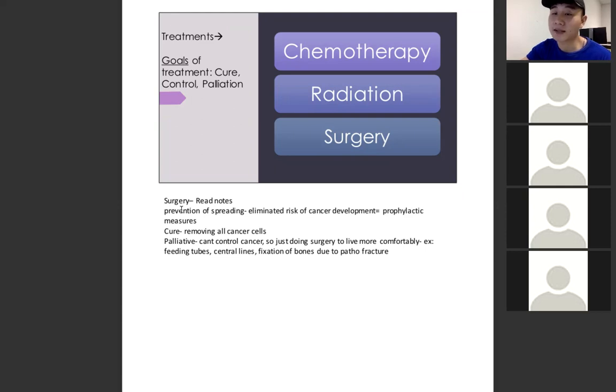So it's a prophylactic measure. Cure is removing all cancer cells. Palliative is when we can't control the cancer anymore. So maybe it's stage 4 where it has already metastasized, so we're just doing the surgery to help them live more comfortably. Examples: feeding tube, central line, fixation of bones due to pathologic fractures.